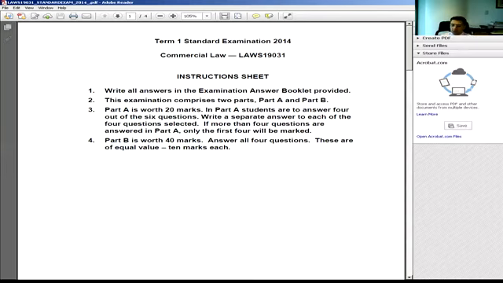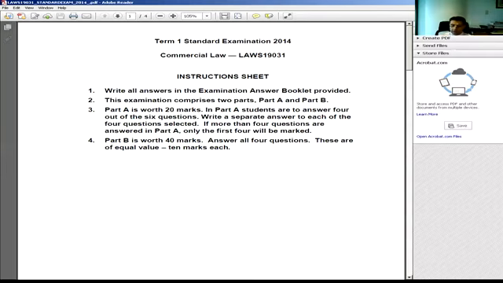So you'll see that part B, I should say, is very different to part A. They are problem questions. They require you to identify specific issues based upon factual information. In part B, question 1 is 5 lines. Question 2 is 12 lines long.